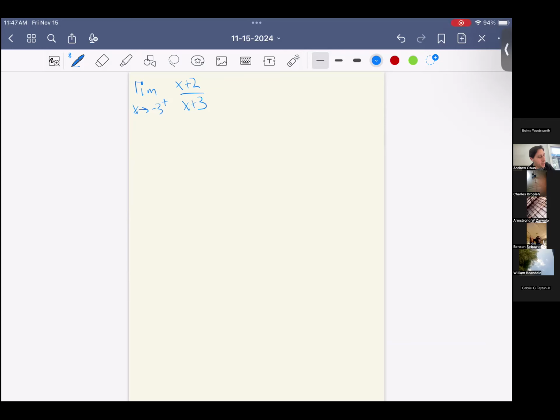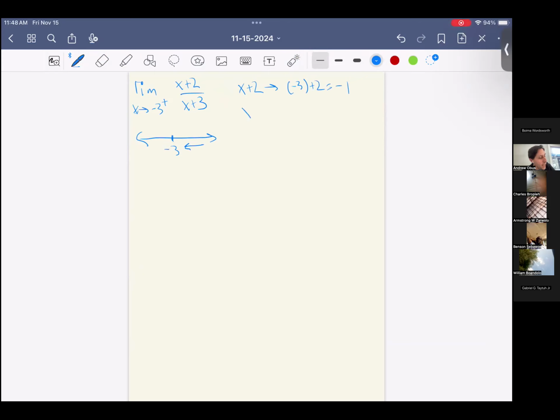Right, in this case, if we approach -3 from the positive side, we're going this way, then x plus 2 is still approaching -3 plus 2, which is -1, same as before.